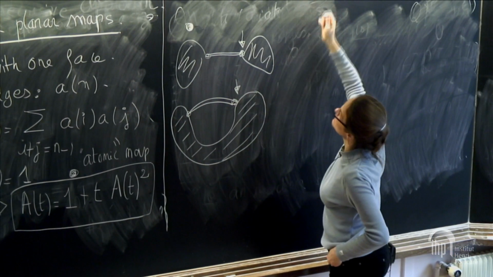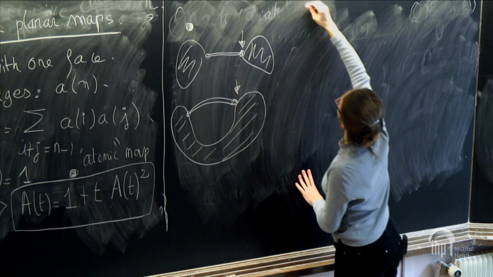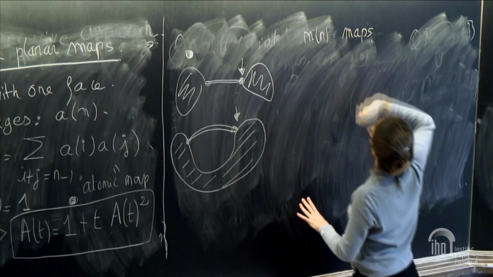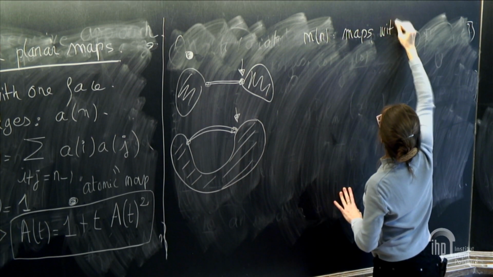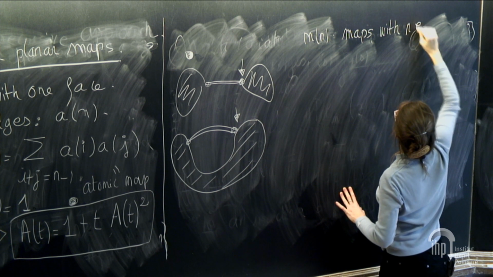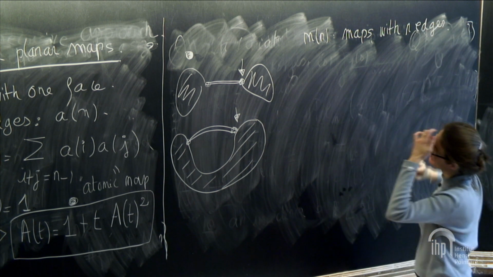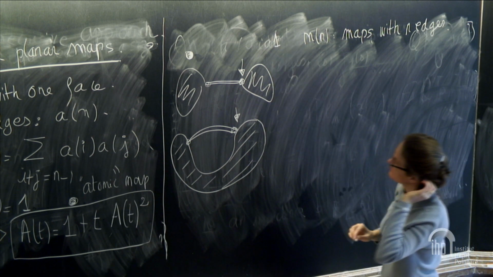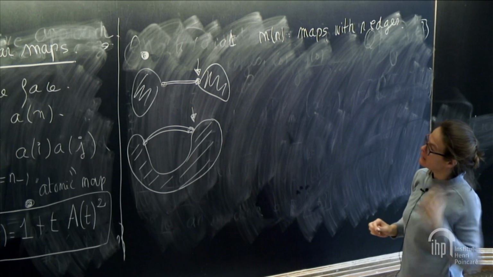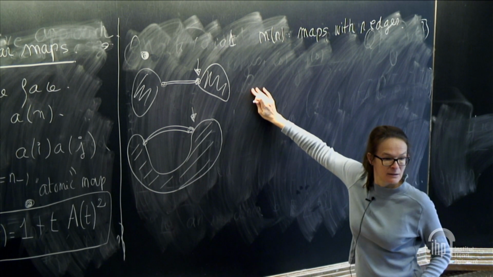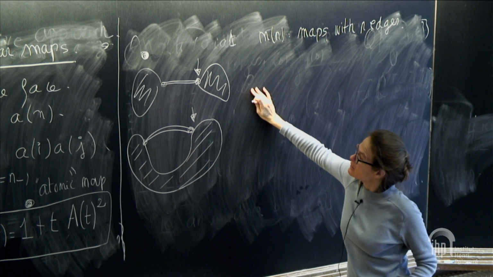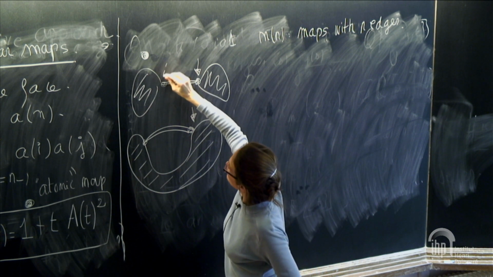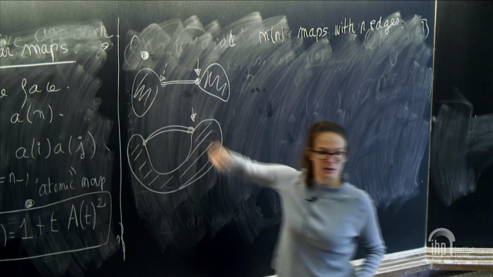So, okay, we want to count them by edges. So M of n is the number of rooted planar maps with n edges. Okay, so this one will contribute 1. Now, in this case, if I erase the root edge, I have 2 maps, and the second one can be rooted canonically at this corner.